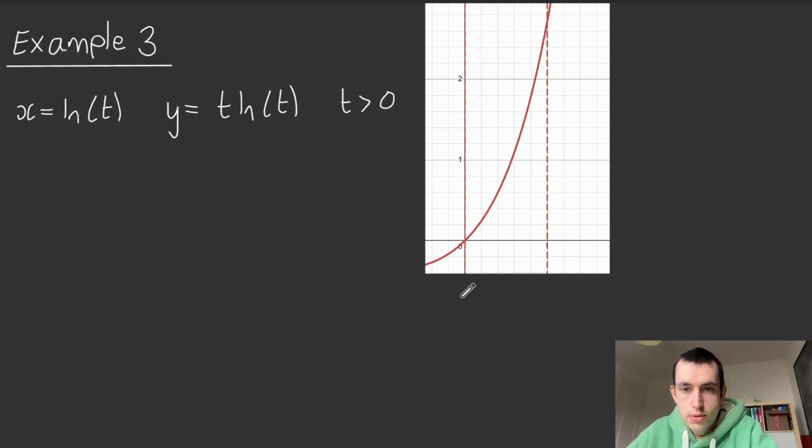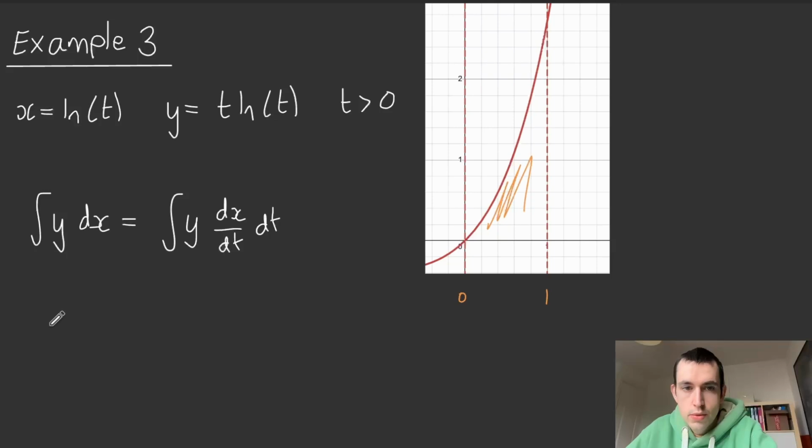And for this last example, we're trying to find the area underneath the curve between 0 and 1. I'll first pop down the formula, and then we'll try and fill in the values. We know what y is, it's t ln t. Do we know what dx dt is? Well, the derivative of ln t is 1 over t.